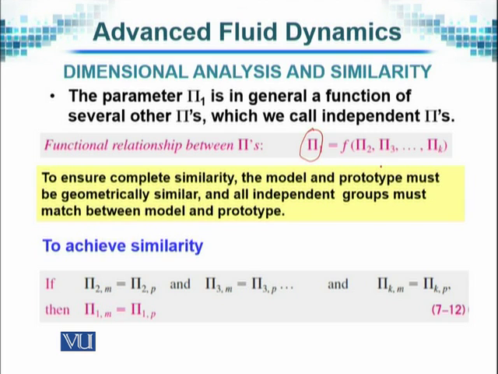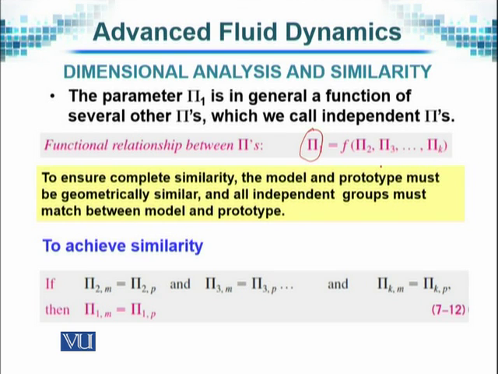To ensure complete similarity, the model and prototype must be geometrically similar, and all independent groups must match between model and prototype. When we talk about the group, we are referring to those numbers that I mentioned, the Reynolds number, the Froude number, and whichever is relevant.